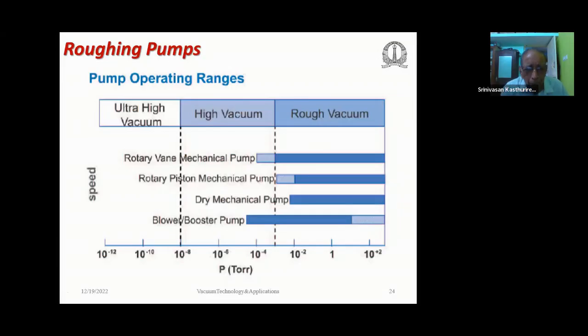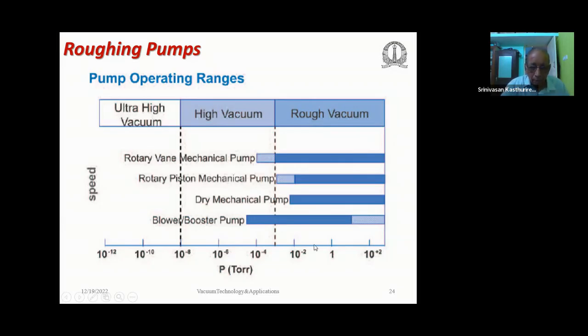Now, coming to the operating ranges, as I mentioned, rough vacuum, high vacuum, ultra high vacuum. We categorize in this manner. So here is your atmospheric pressure, and then you have 10 to the power 2 torr, 1, and then somewhere 10 raised to minus 3 torr. So from atmospheric pressure to 10 raised to minus 3 torr, you call it rough vacuum.